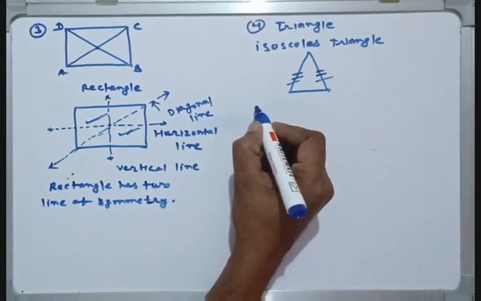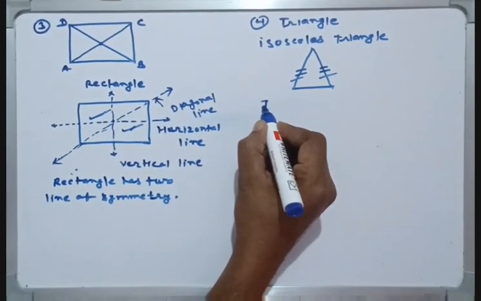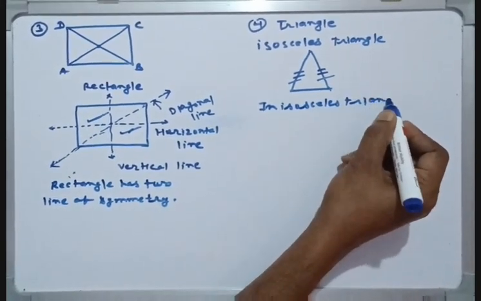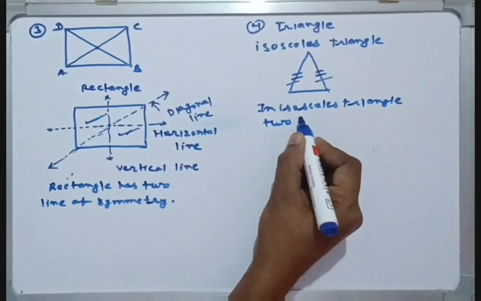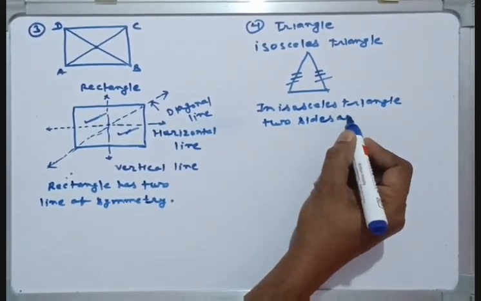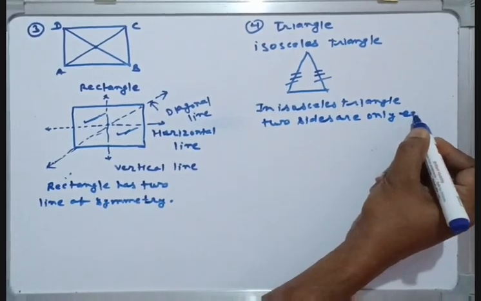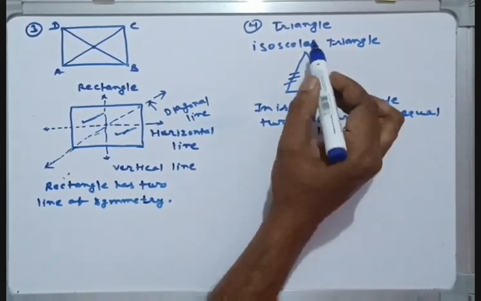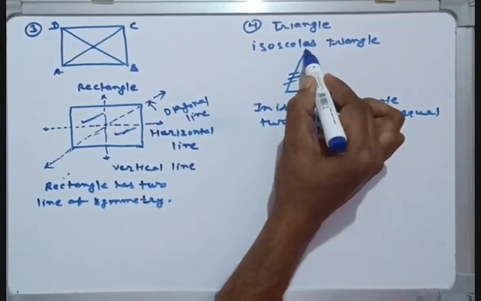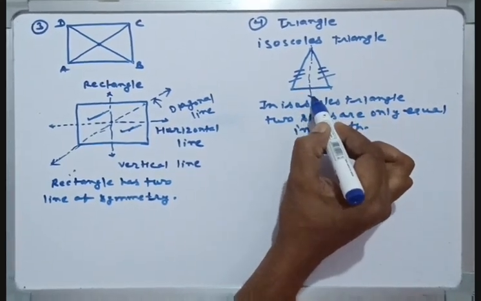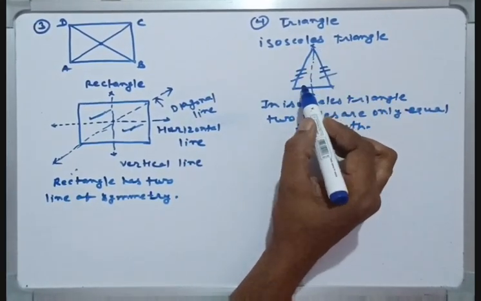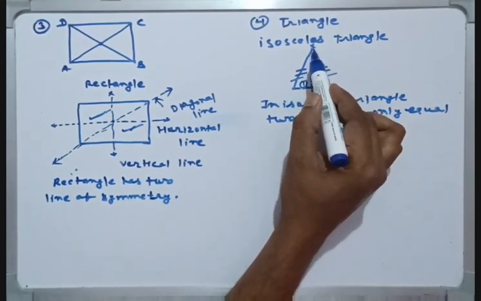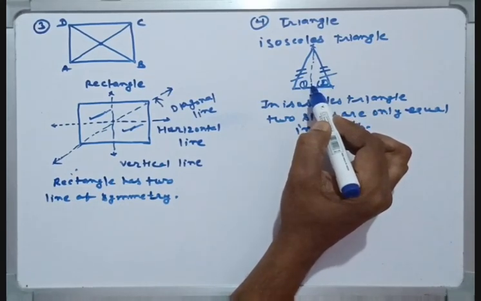Okay, so what we conclude here, in an isosceles triangle, only two sides are equal in length. Okay guys, so if we draw a vertical line like this one, so this half part 1 and this half part 2 are symmetrical about this vertical line.